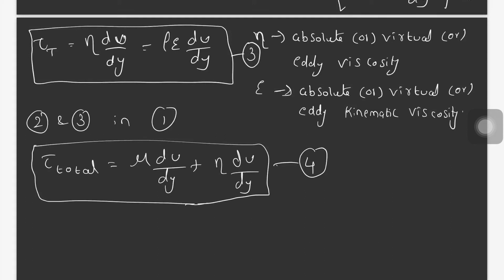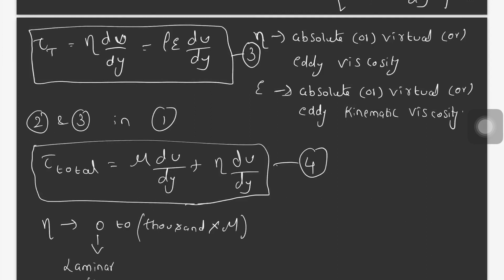Everything is fine. But the main concern with this equation, which the scientists and engineers had, was this eta value. This is not constant. So the eta value is particular to turbulent flow. Eta can vary from 0 to thousands into mu, which means it can vary from 0 to 10,000 into mu or 100,000 into mu, whatever it is. 0 is particular to laminar flow.